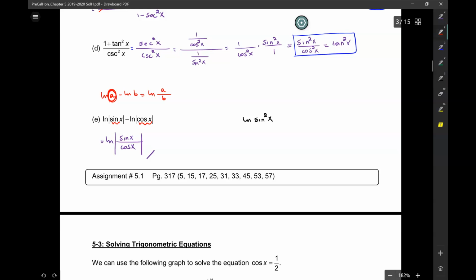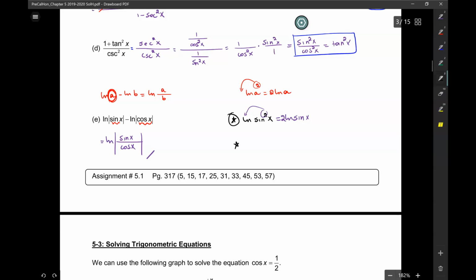What you also learn in Algebra 2 is if you have ln of A squared, the exponent will come down, so it'll just be 2 ln of A. So in this case, the 2 will come down, so it'll be 2 ln of sine x.